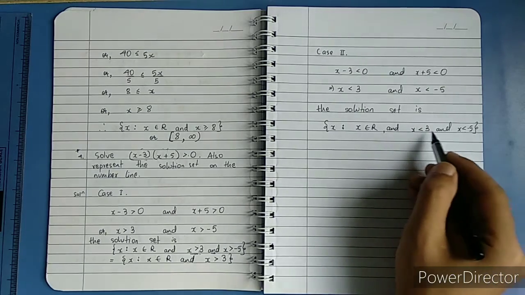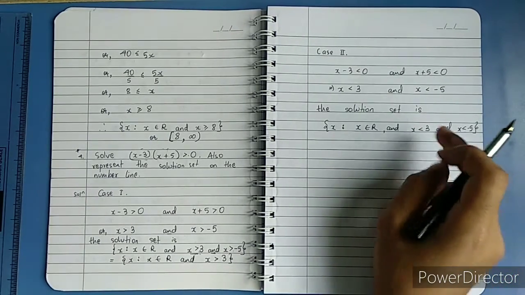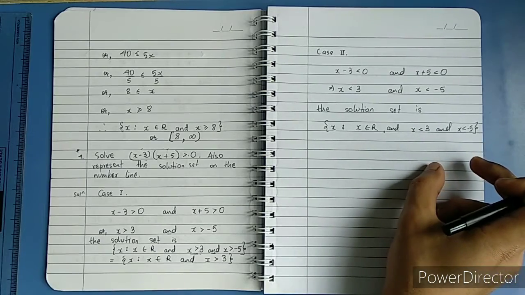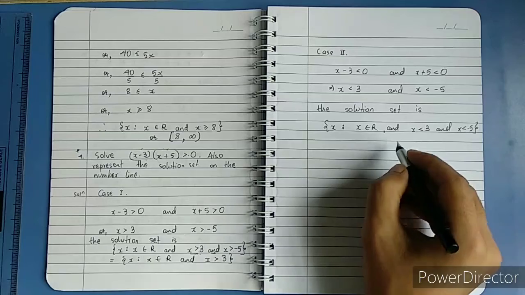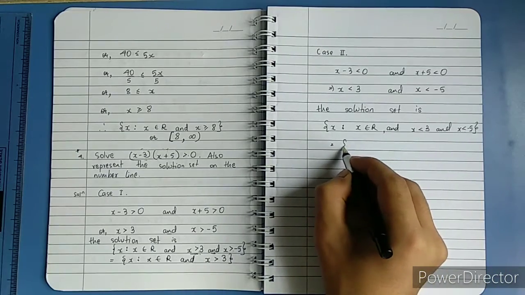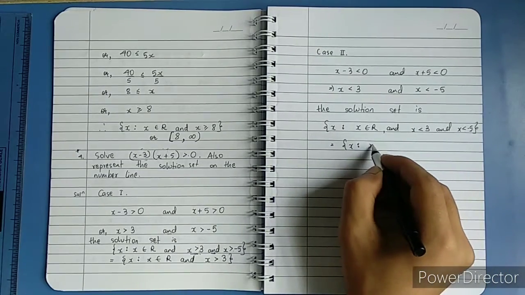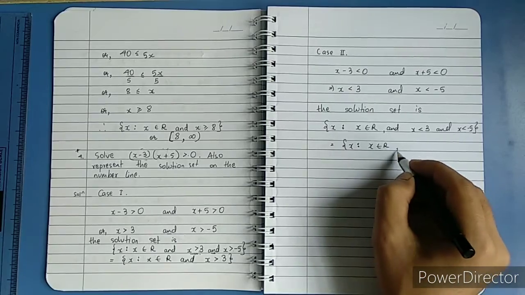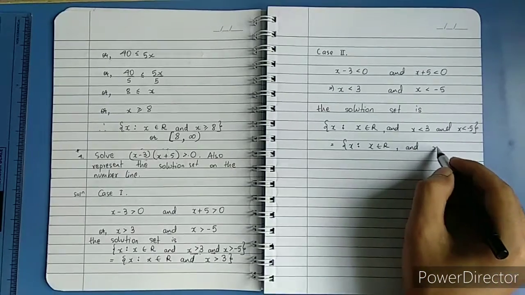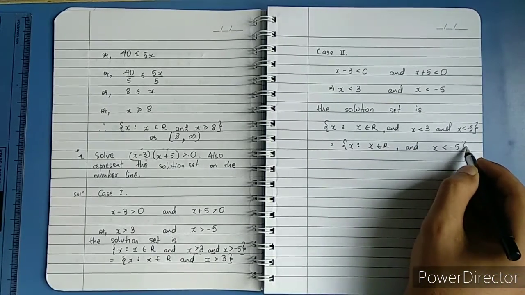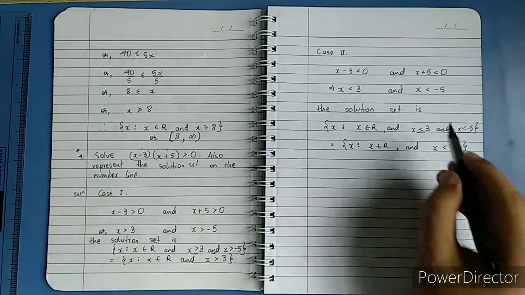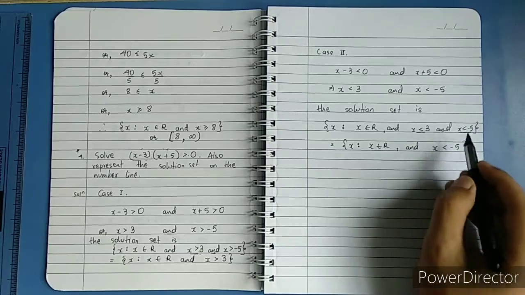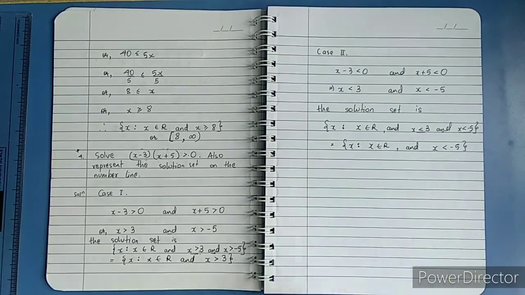So from minus 5 to 3, this portion is there in this, but it is missing in this one. So what we are taking is x such that x belongs to real number and x is less than minus 5, because the common part in this and this represents intersection. So the common elements in this and this will be the ones that are less than minus 5.